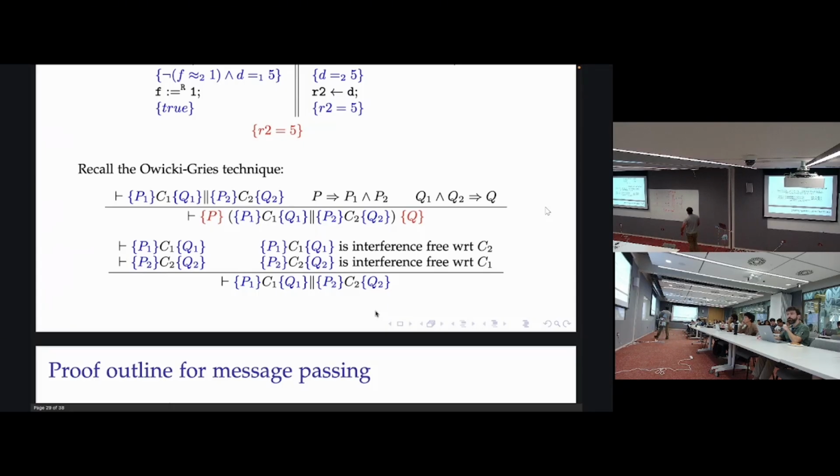So one way to think about it is that this is coming through this side, right? There are assertions about A and B. So you might want to think about these assertions first.